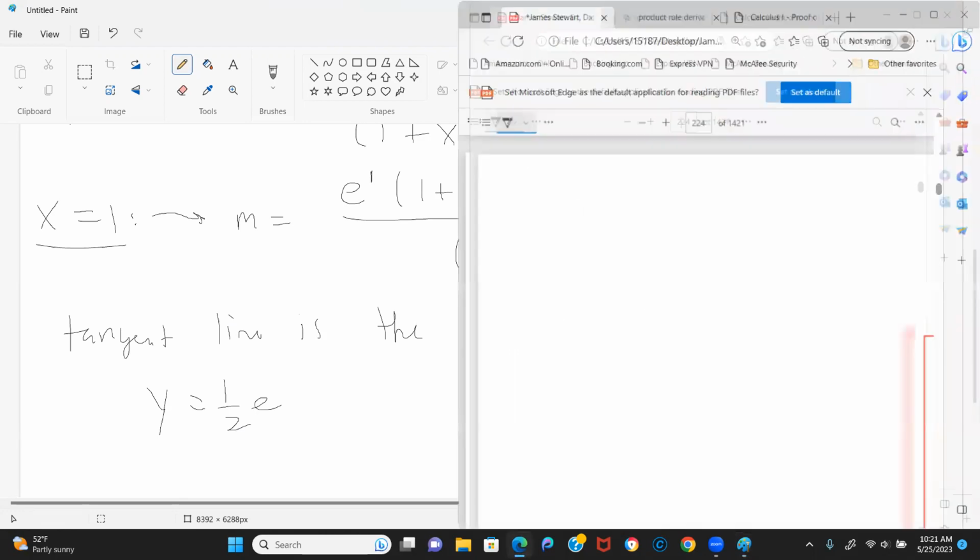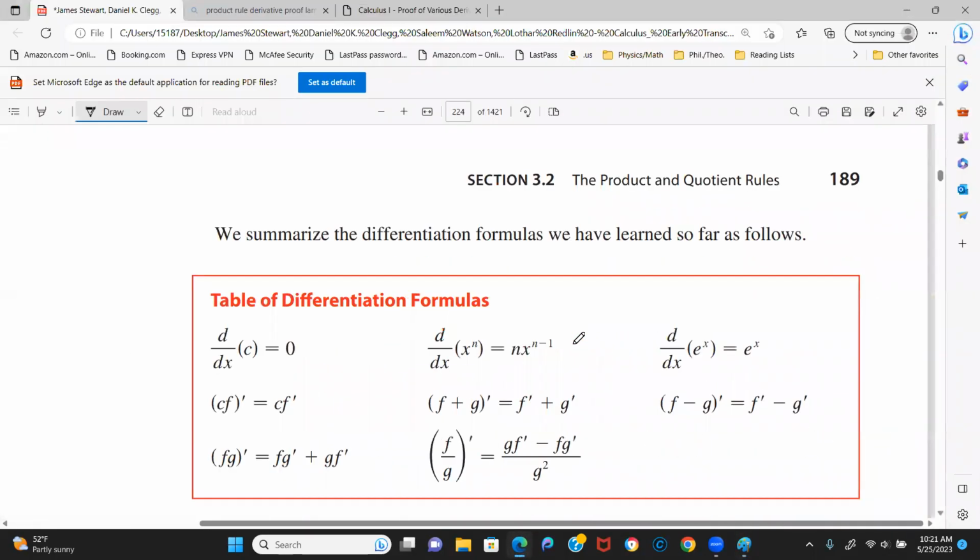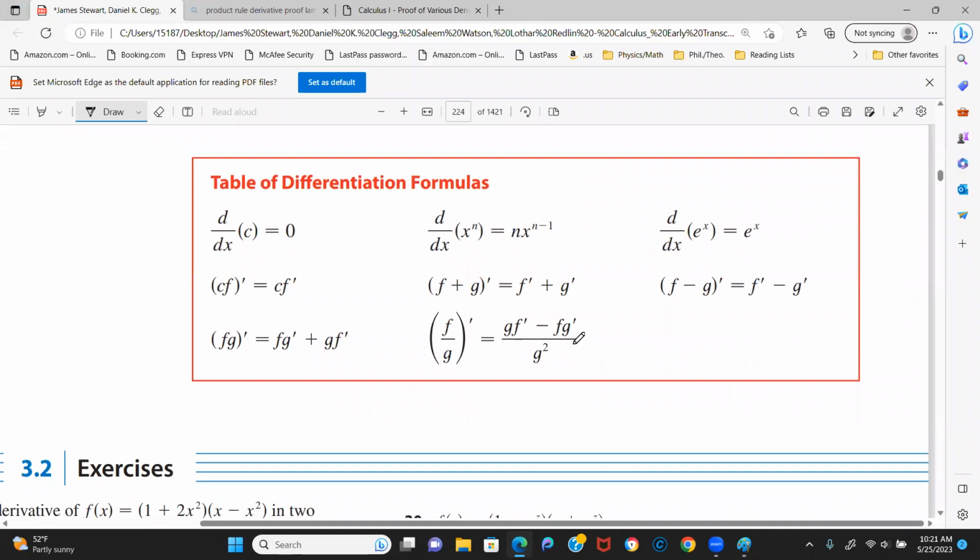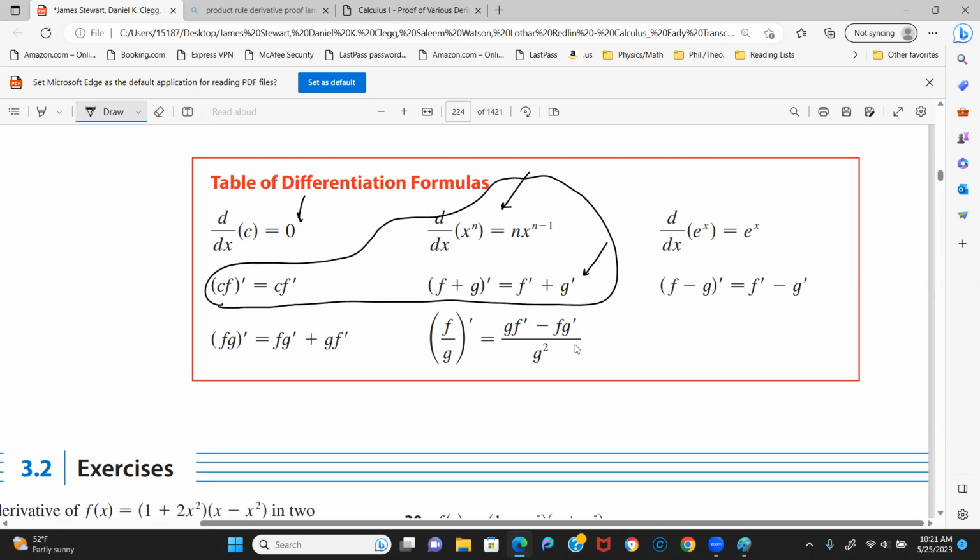So here, this is just a table summarizing all the formulas we've learned so far. This is the derivative of a constant, which is 0, and that makes sense intuitively. And then there's the power rule, and then here's the derivative of a sum.